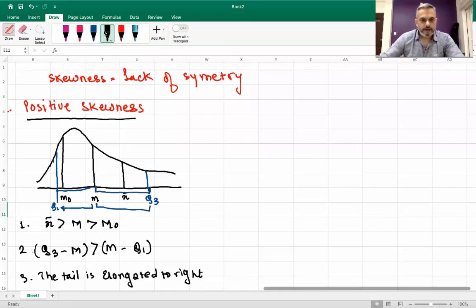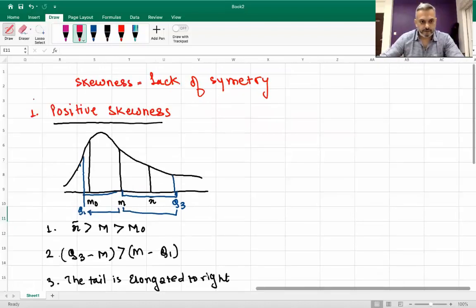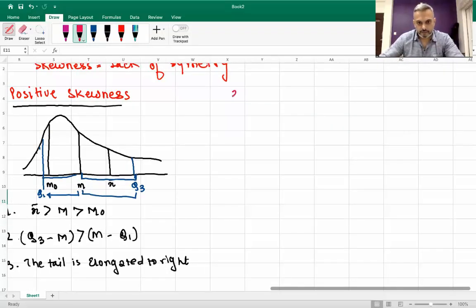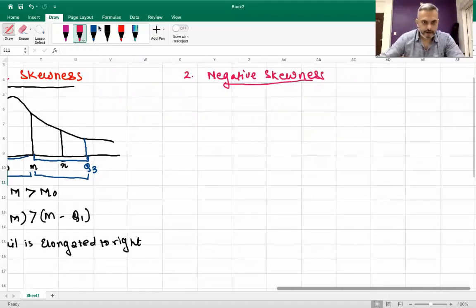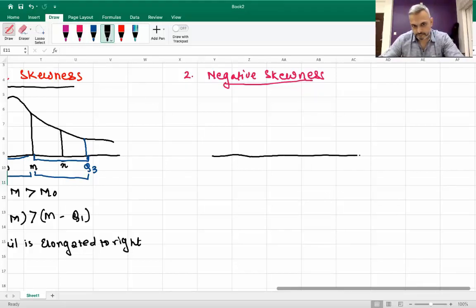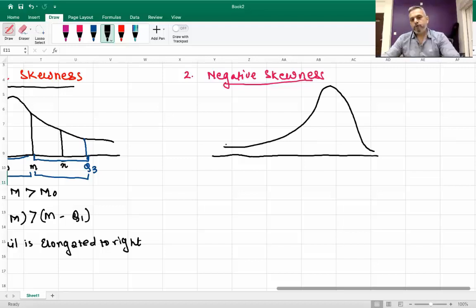Now, let's go for negative skewness. So this is 1 and this is 2. In negative skewness, let me draw the diagram. You can see the tail is moving towards the left hand side.